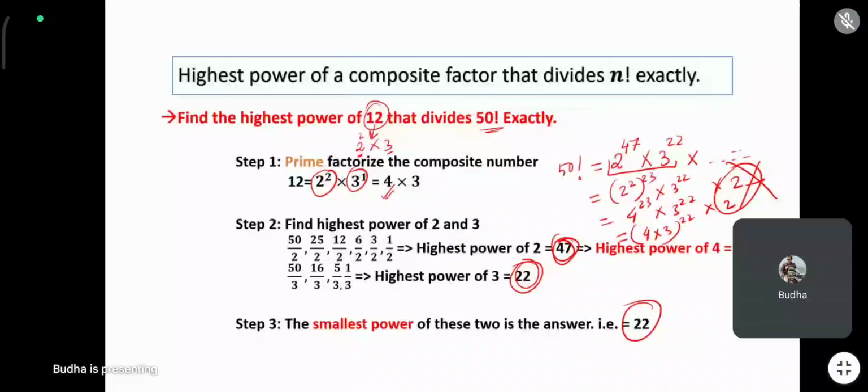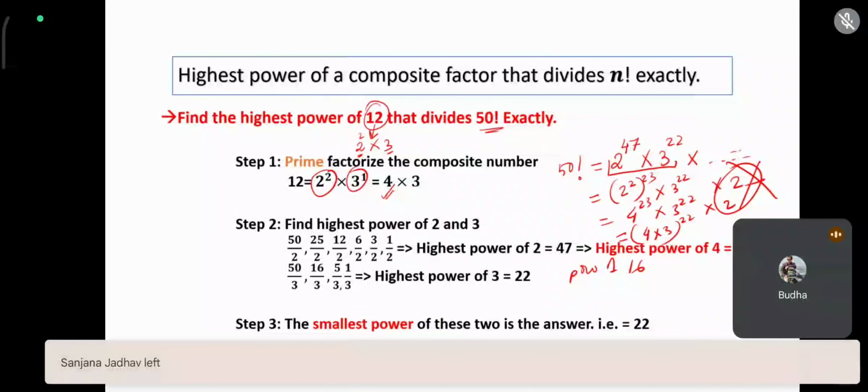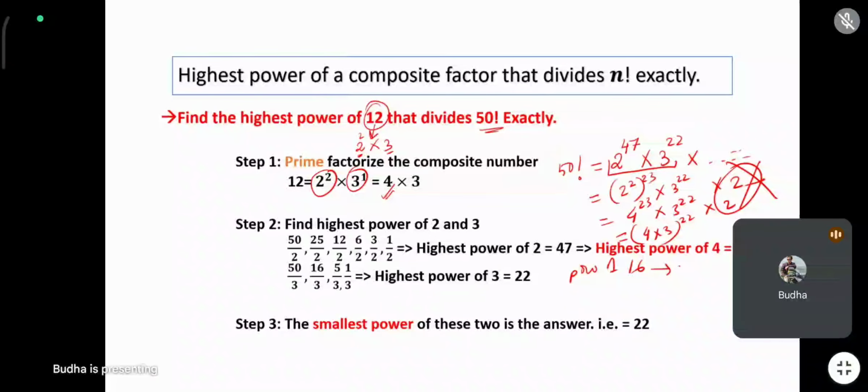Okay. If somebody asks you, can you tell me instead of 12, अगर मुझे पावर ऑफ 16 चेक करना तो कितना होगा. और 16 हम लिखेंगे कैसे, 2 रेज़ टू पावर 4. तो 50 फैक्टोरियल में 16 बनाने के लिए I need only 2 as a prime number.